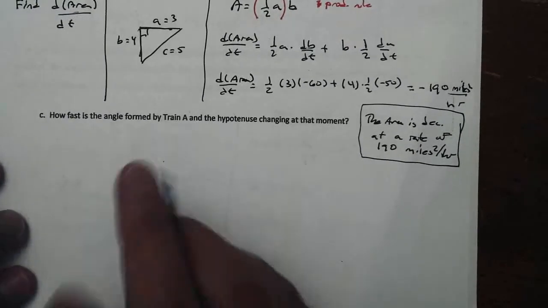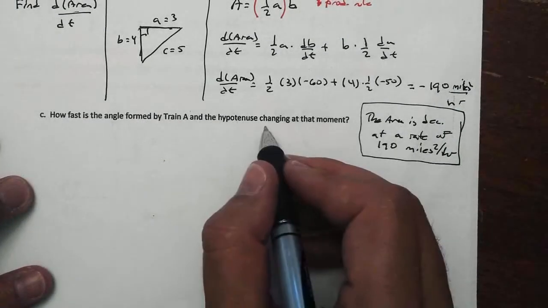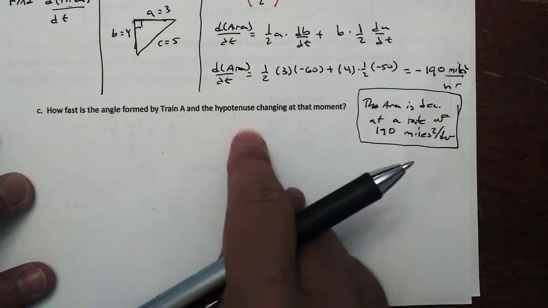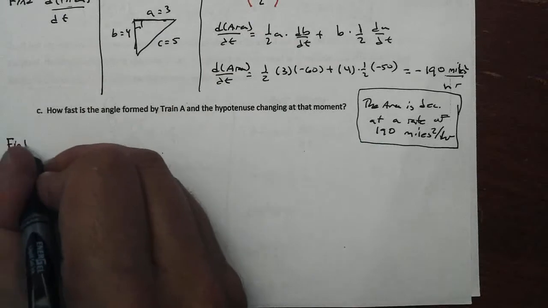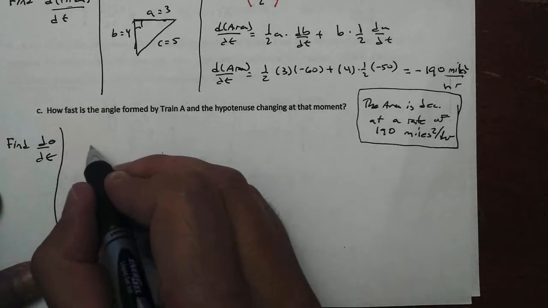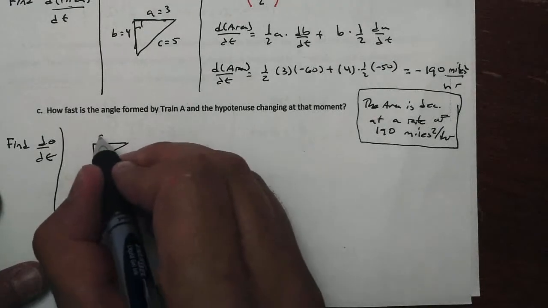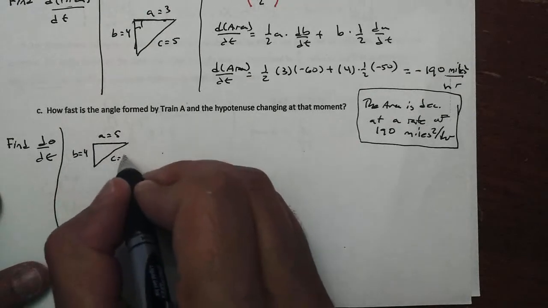And the last one is, how fast is the angle formed by train A and the hypotenuse changing at that moment? So this is our change in angle. This is becoming really big on the AP. So we are trying to find the change in theta, dθ/dt. So when I write this out, here we go. We know that A is 3, B is 4, C is 5.